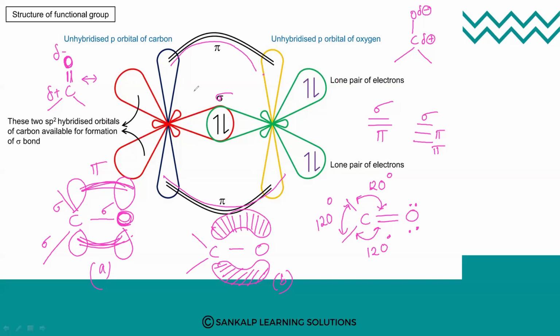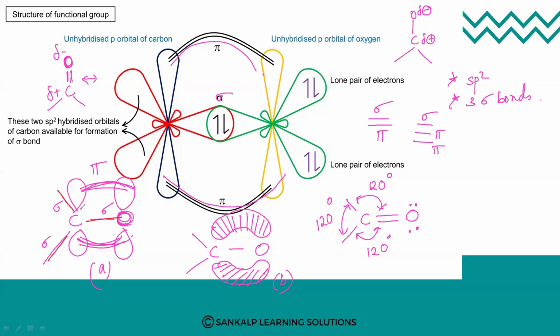The carbonyl carbon here is sp2 hybridized. What you need to remember is that it forms three sigma bonds, and these three sigma bonds lie in a plane: one, two, and three.